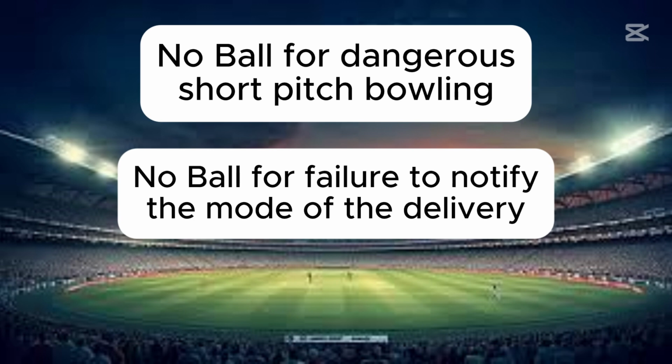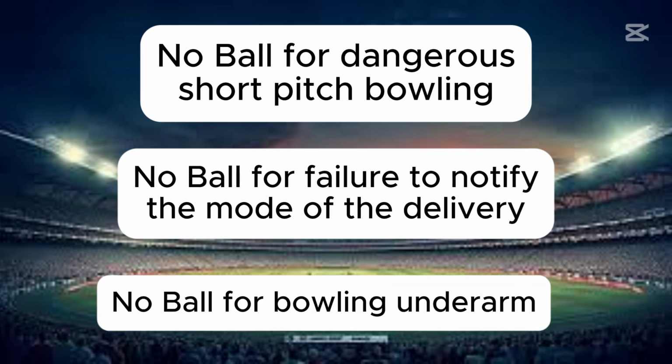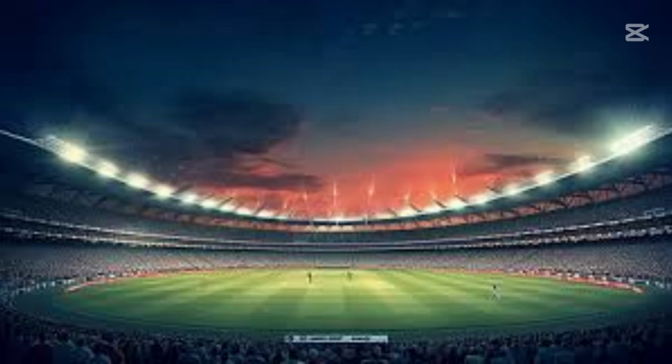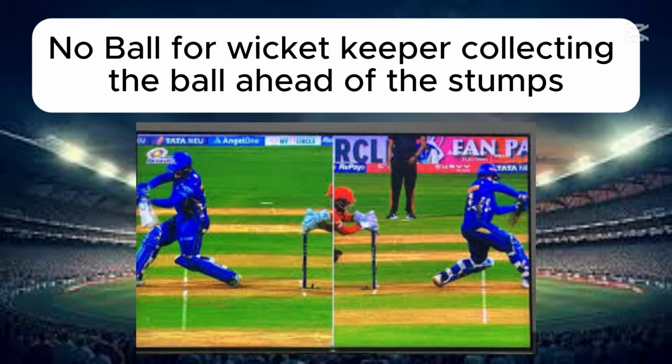We don't see underarm no balls these days because underarm bowling is not allowed, and the ball will bounce twice before reaching the batsman and ultimately be termed a no ball. Another one is that if the wicketkeeper is standing in front of the stumps, or even if his hands are ahead of the stumps before the ball reaches the popping crease, then it is going to be a no ball.